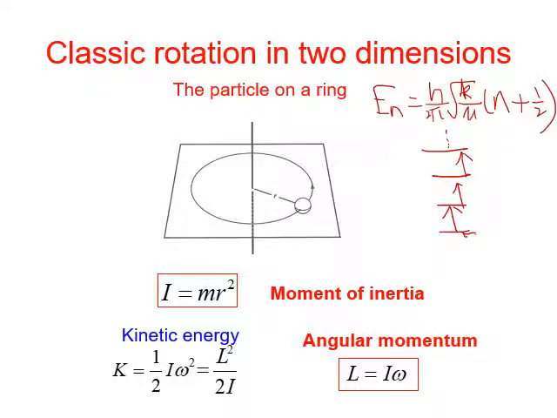The absorption between n equals 0 to n equals 1 is called fundamental absorption, and this absorption is in the infrared range. Now, in reality, molecular vibration deviates from the harmonic oscillator, and so anharmonicity has to be added.